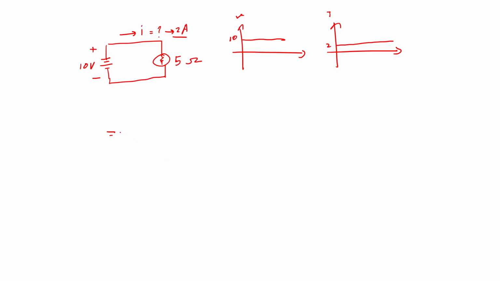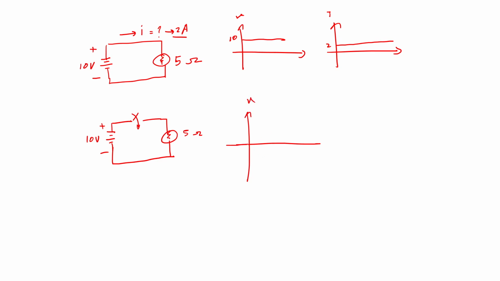And if you switch on this, the voltage is 0 until you switch on, then it becomes 10. What is the change of current? It's switch on, t equal to 0. This becomes more complex, right?